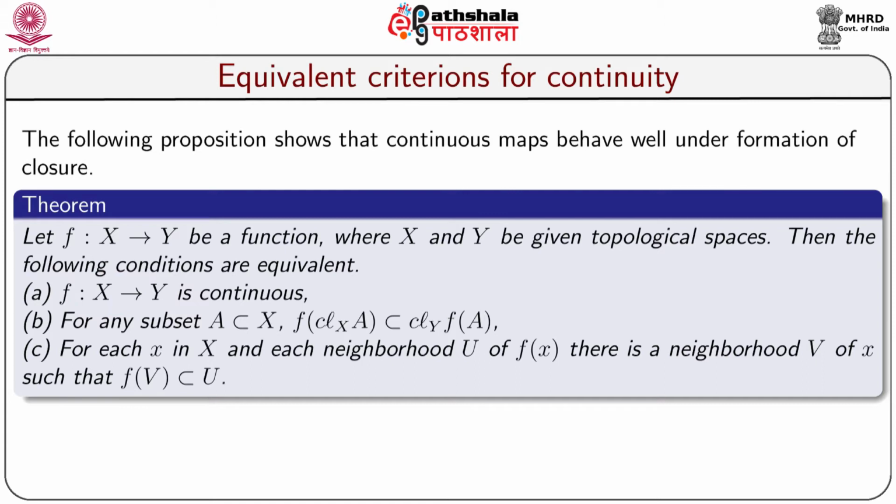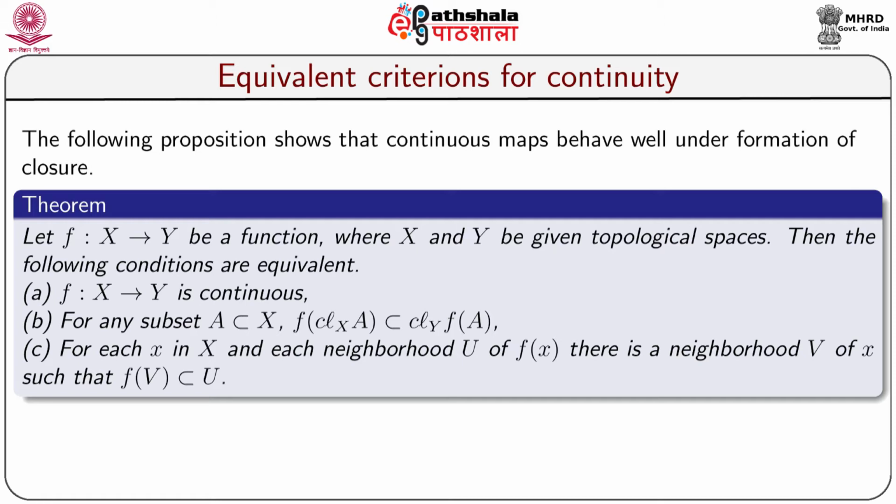B: for any subset A, f of the closure of A with respect to X is contained in the closure of f(A) with respect to Y. Condition C: for each x in X and each neighborhood U of f(x) in Y, there exists a neighborhood V of x in X such that f(V) is contained in U. The third criterion is generally called the local criterion for continuity.